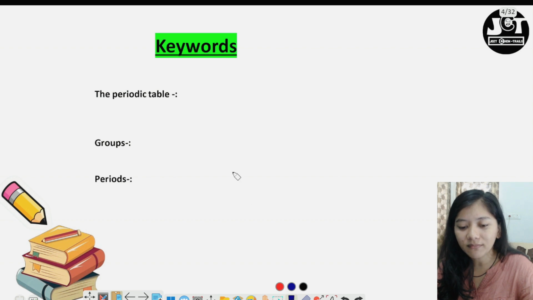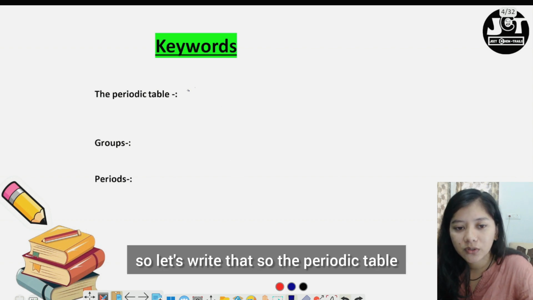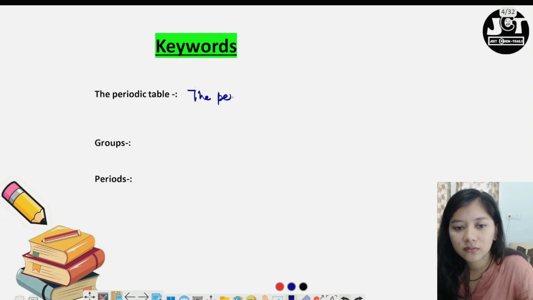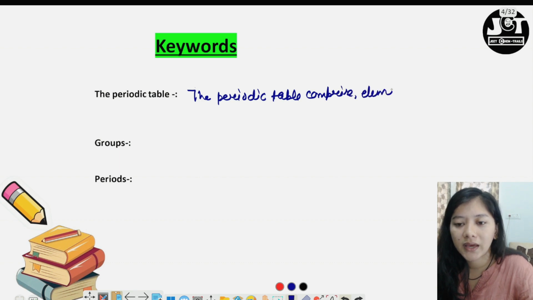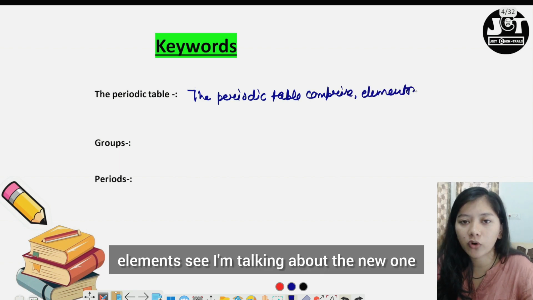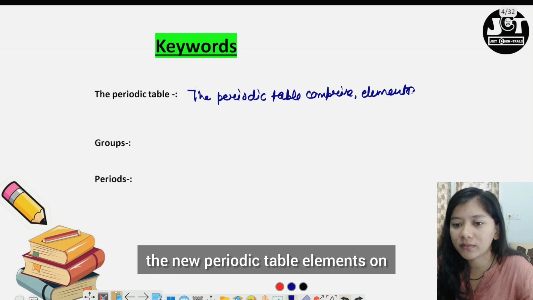Okay, so let's write that. The periodic table comprises elements. See, I'm talking about the new periodic table.